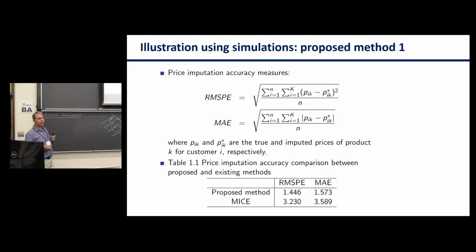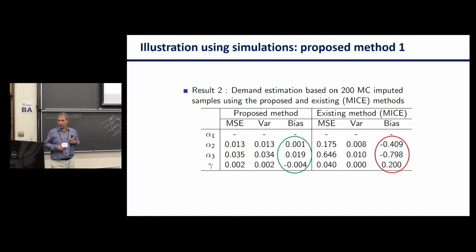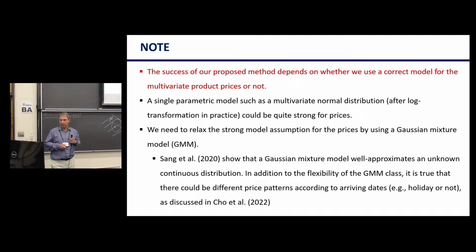There is a comparison between the results of the proposed method and the MICE technique. And this is, I think, simulation results. We can see that we reduce the bias significantly. Of course, the model choice is a significant factor here, and we use a single parametric model, a multivariate normal distribution, and there are some ideas how to do it.